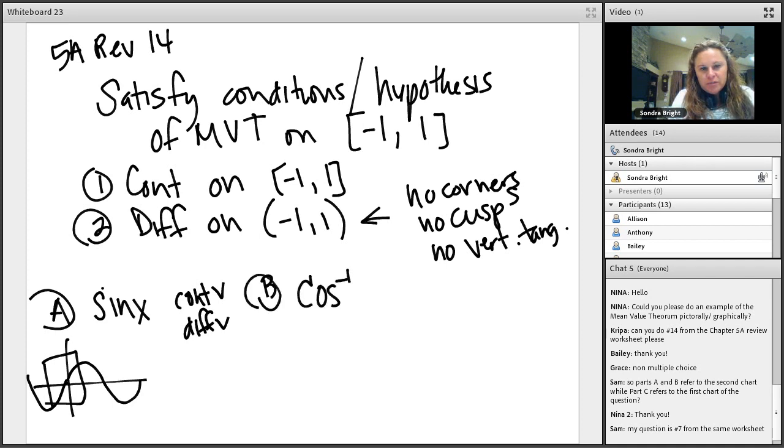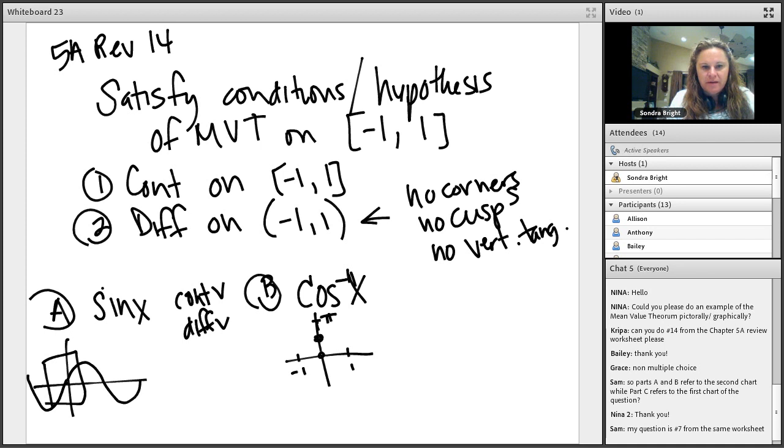Inverse cosine graph looks like, it's from 0 to pi. Let's see if I remember. Okay, so it'll go up to pi. It'll be at -1, and at +1, and pi over 2.